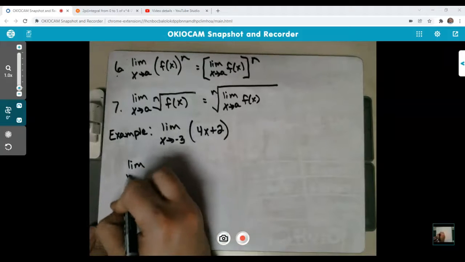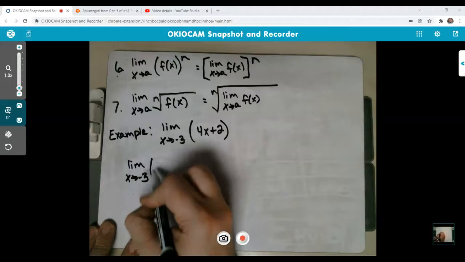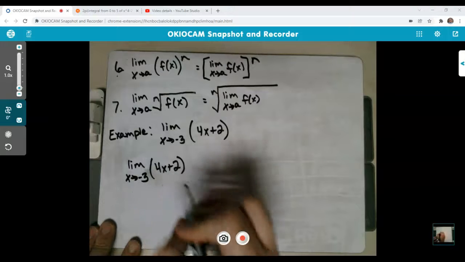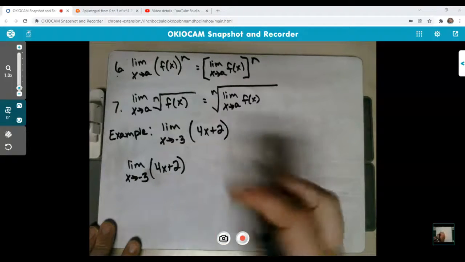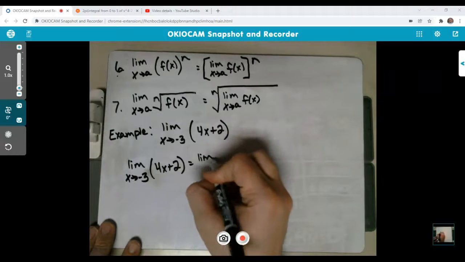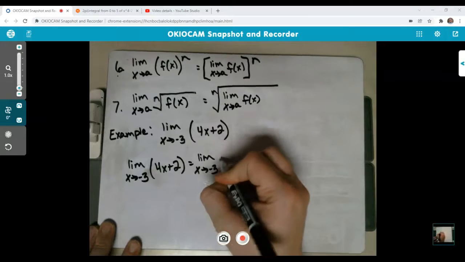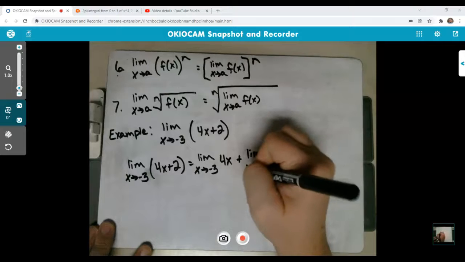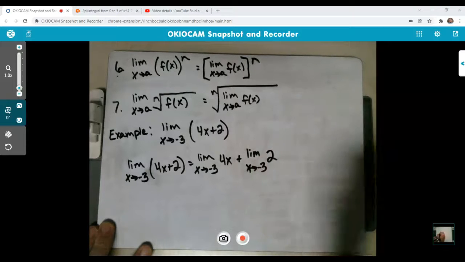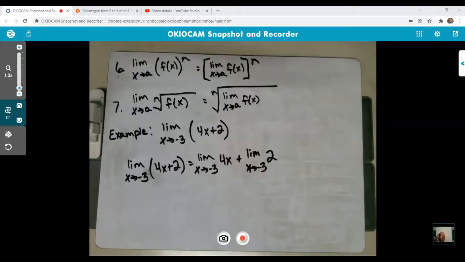So the limit as x approaches negative 3 of 4x plus 2, since I'm adding these up, I can split it into two terms and do plus. So I could do the limit as x approaches negative 3 of 4x plus the limit as x approaches negative 3 of 2. I can break that up like that.